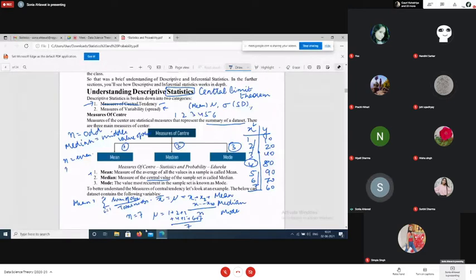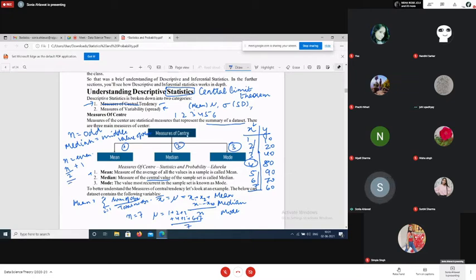N is 6, and 6 upon 2 is 3. So n upon 2 plus n upon 2 plus 1, whole divided by 2. Should this be the formula, class?